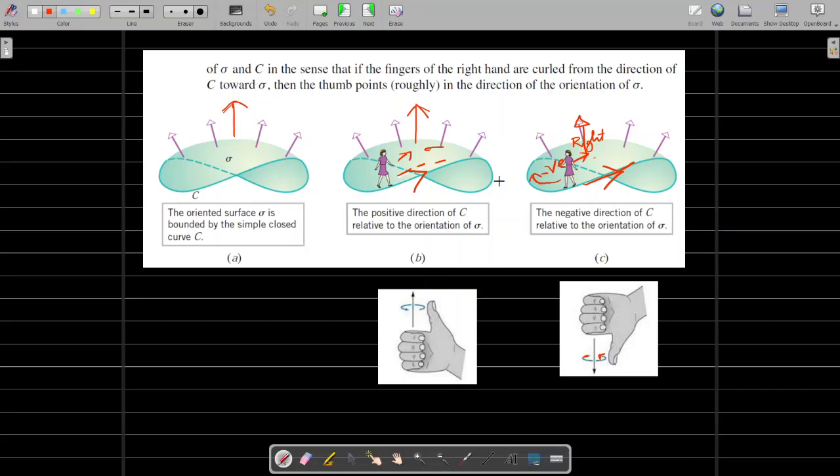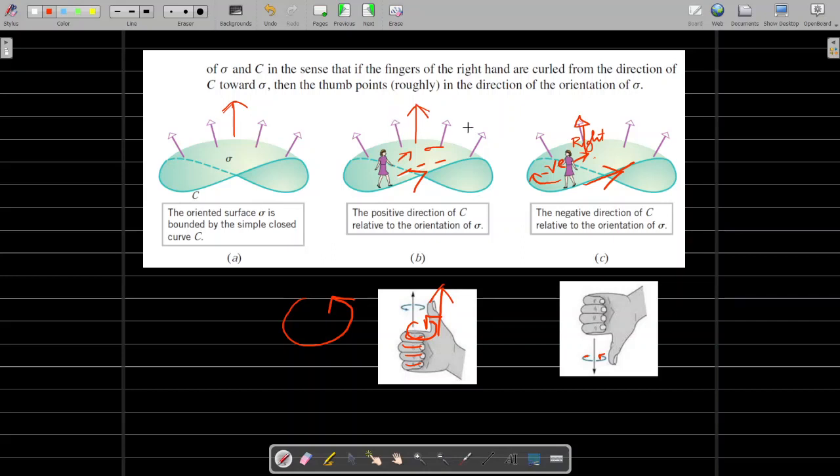We can find out the direction of C using our thumb also. What we have to do is curl our fingers in the direction of C. For example, here the direction of C is like this, so we have curled the fingers in the direction of C. Then the direction of the thumb will be in the orientation of the surface sigma.